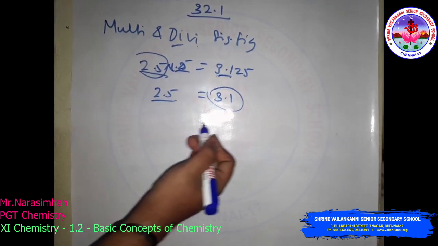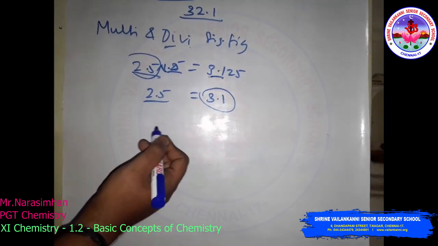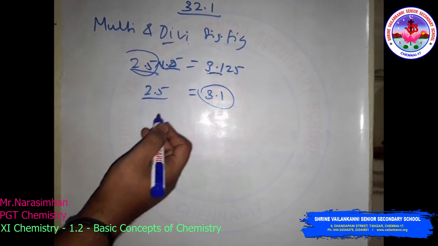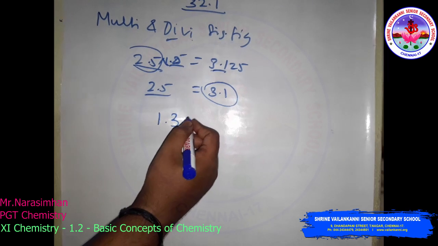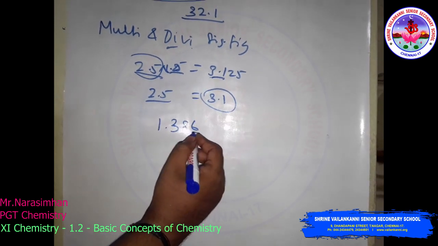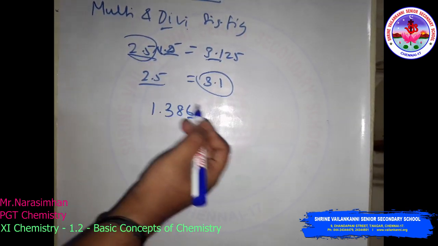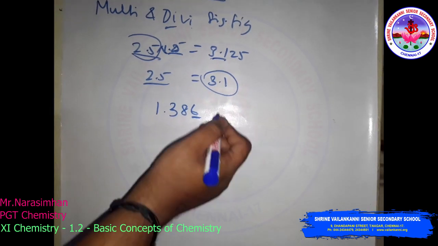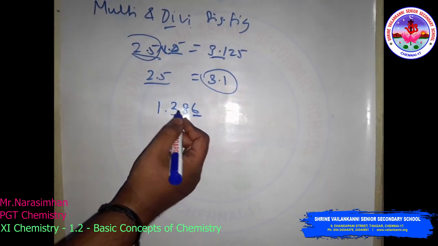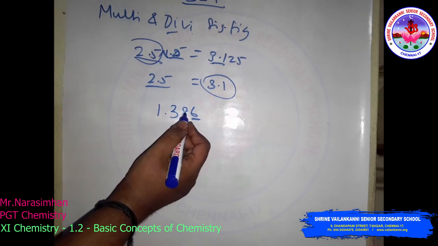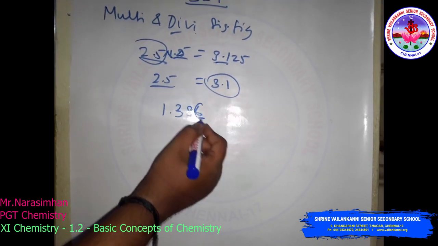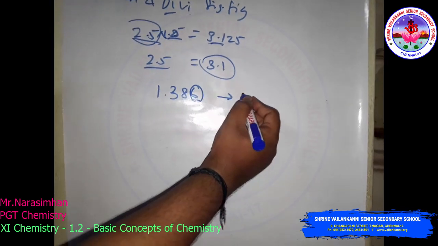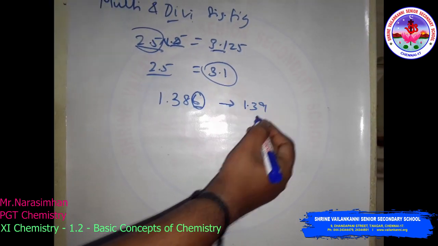For example, if the rightmost digit to be removed is more than 5, the preceding number is increased by 1. For example, 1.386. The last digit is 6, more than 5, so you have to round off. So the 38 becomes 39. You remove that 6 and you can write 1.39.